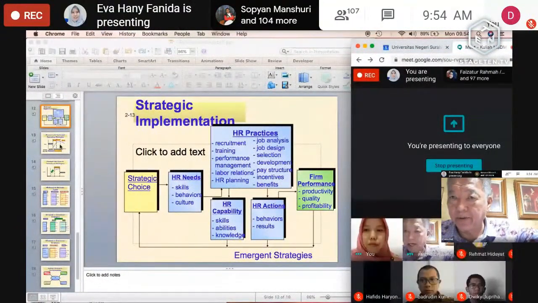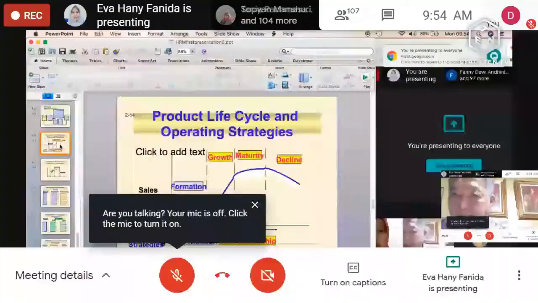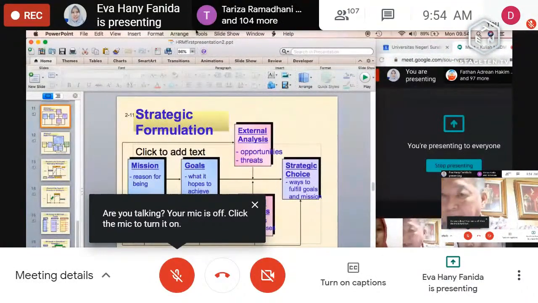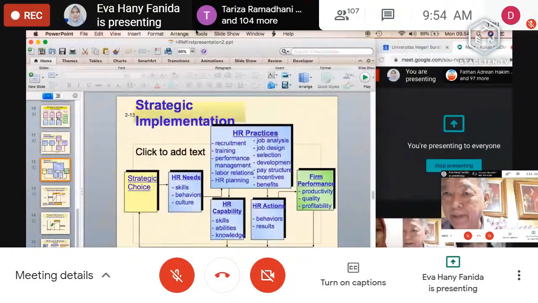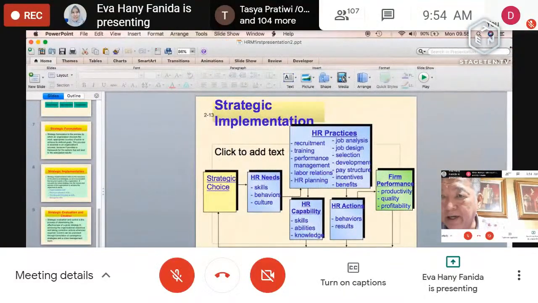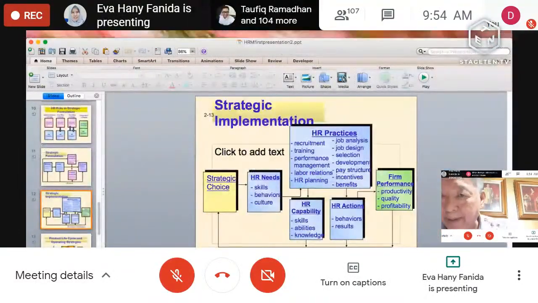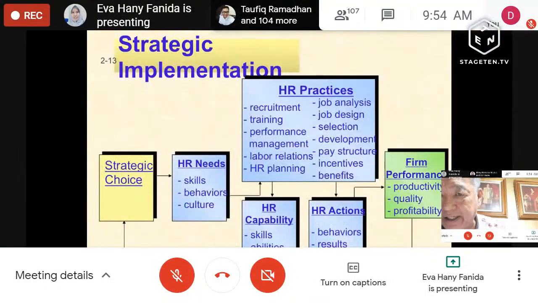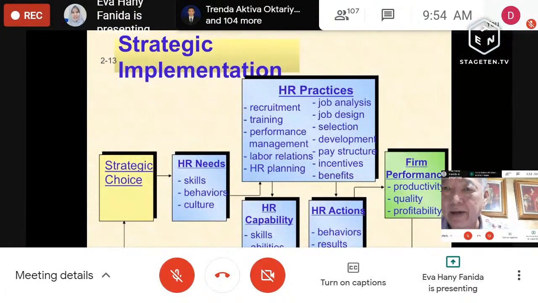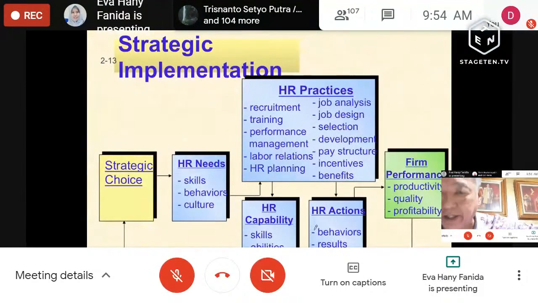I would like to say that about strategy, please go to the implementation. In this picture, I am going to explain what kind of HR a company needs in different situations. One company wants HR with certain skills, behavior, and culture, different from another company in another situation.